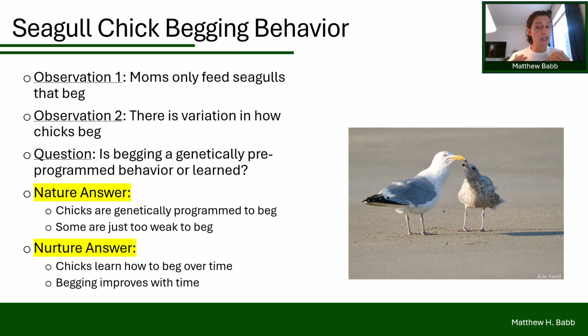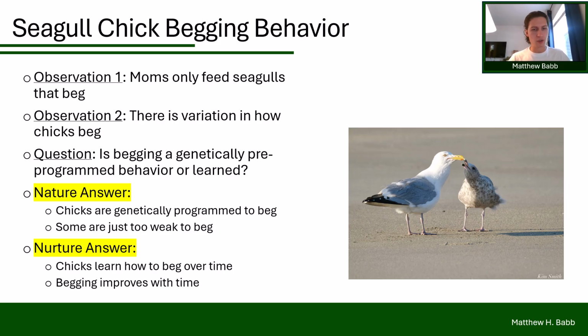Now, if it was nature prevailing, then we would think that chicks are genetically programmed to beg, and some are just weak and bad at begging, maybe because they just don't have the nutrition to be able to do the things that they're genetically pre-programmed to do. And that is what's leading to this variation in begging behavior.